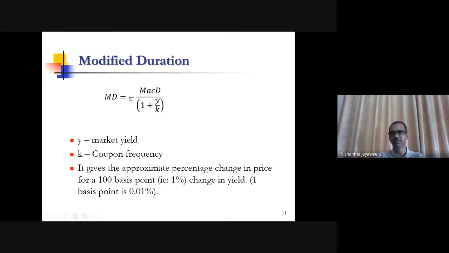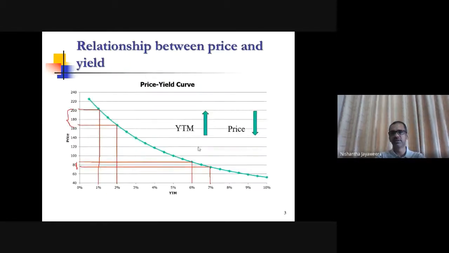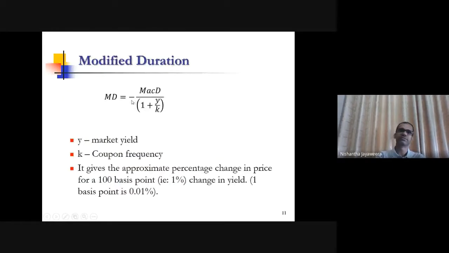When interest rate or the yield to maturity increases, price decreases. So in this modified duration equation, this minus sign indicates that yield and price change in opposite directions.